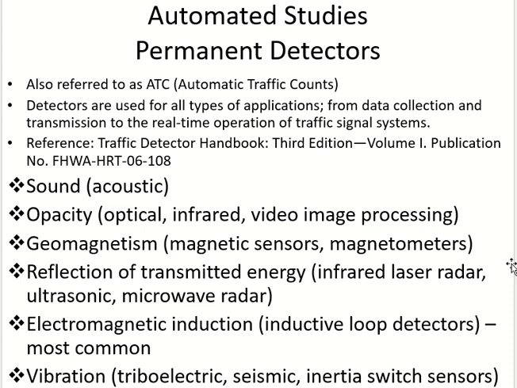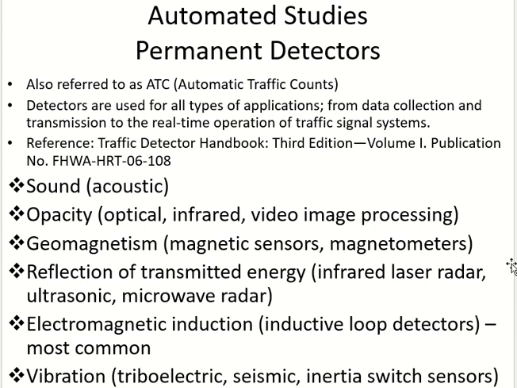Normally, the data collected through these types of devices, another name for them is ATC, automatic traffic count. So if you hear the word automatic traffic count, that means it is a fully automated study, and the detector used for that is permanently installed on the site. Clear? There are different types of detectors.